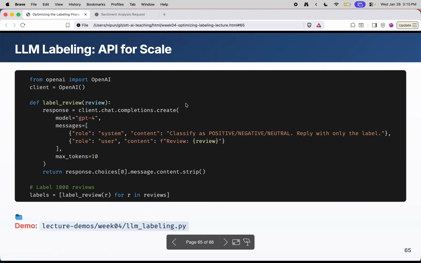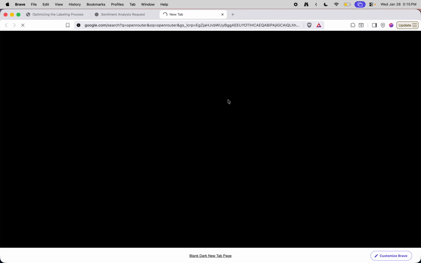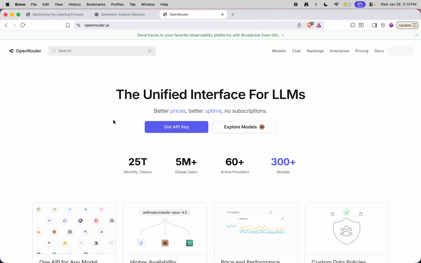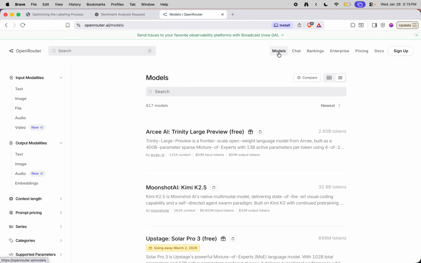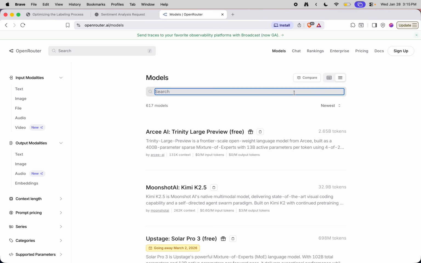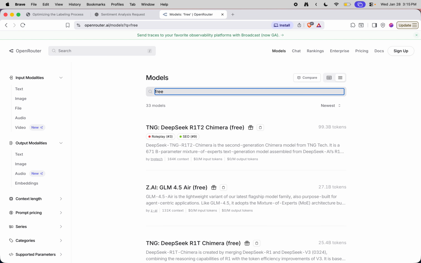So maybe we want to give a JSON response. Actually, I forgot to give the movie, but it still remembered.